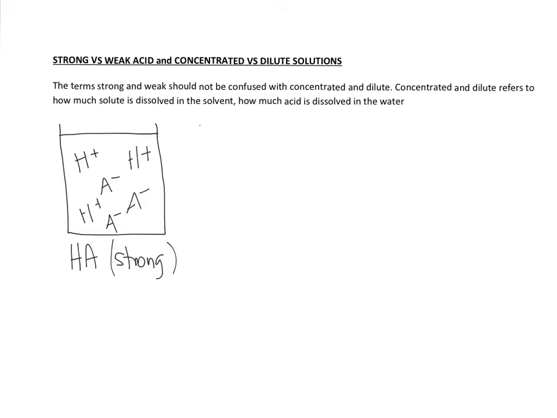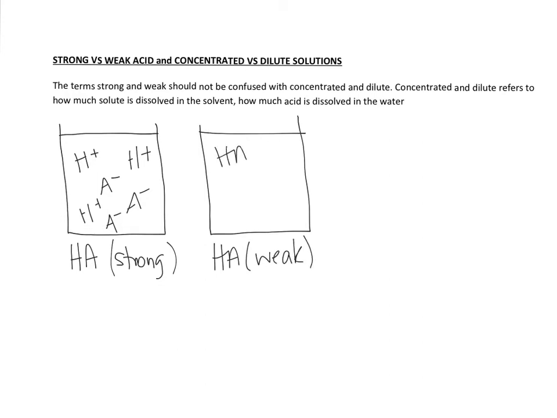If we have a weak acid, HA represents a weak acid, then we will have some molecules of acid present in solution and only some ions.